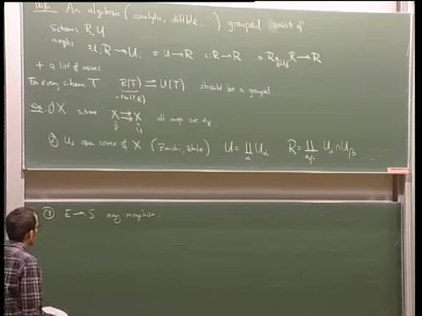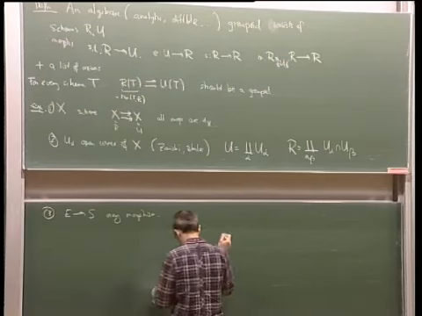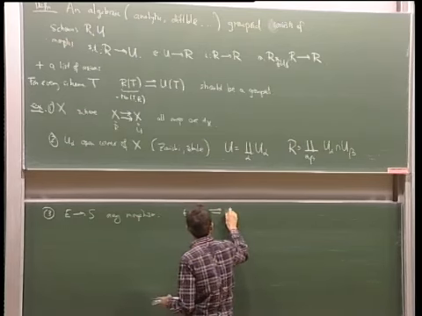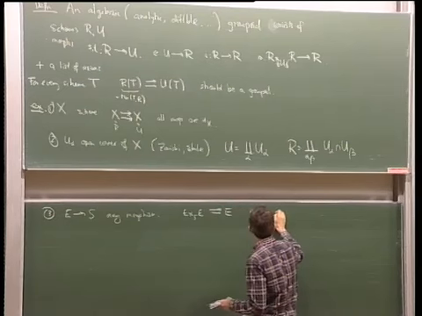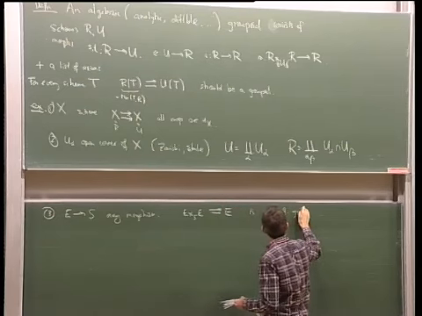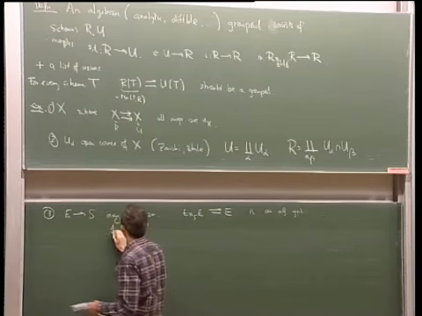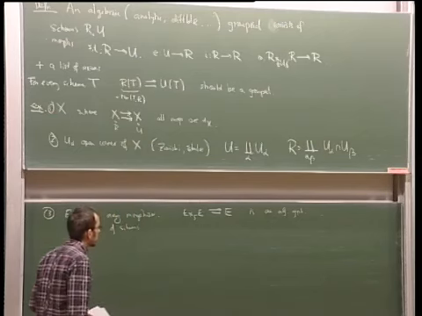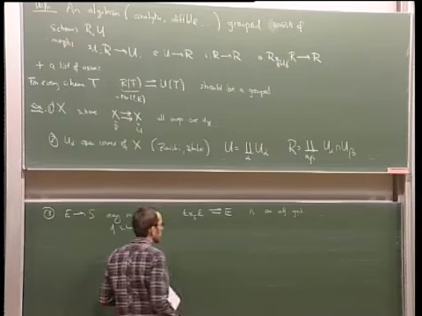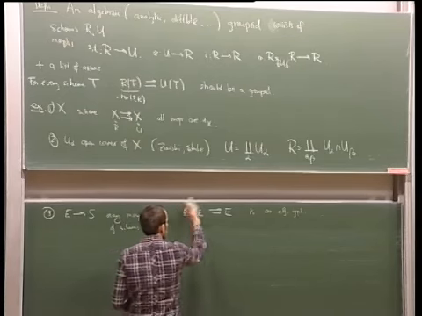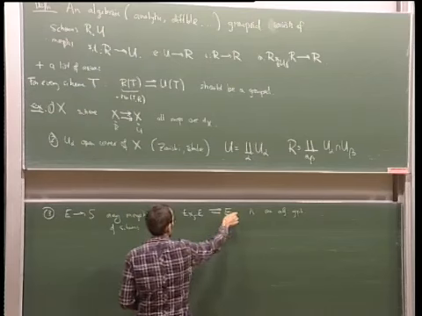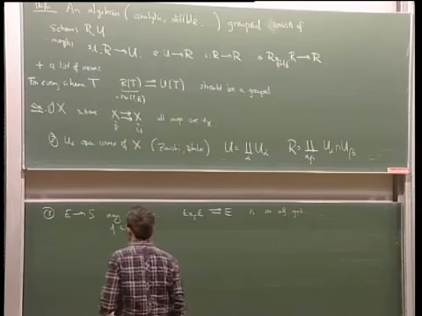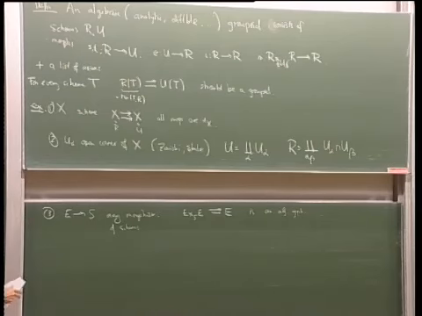If I have any morphism E to S, so any morphism of schemes, I can form the fiber product. So whenever I write a diagram with two arrows like this, you're supposed to understand that this is a groupoid where this is the object space and that the morphism space. So this is R and that's U. So again, exercise to check that that's okay.